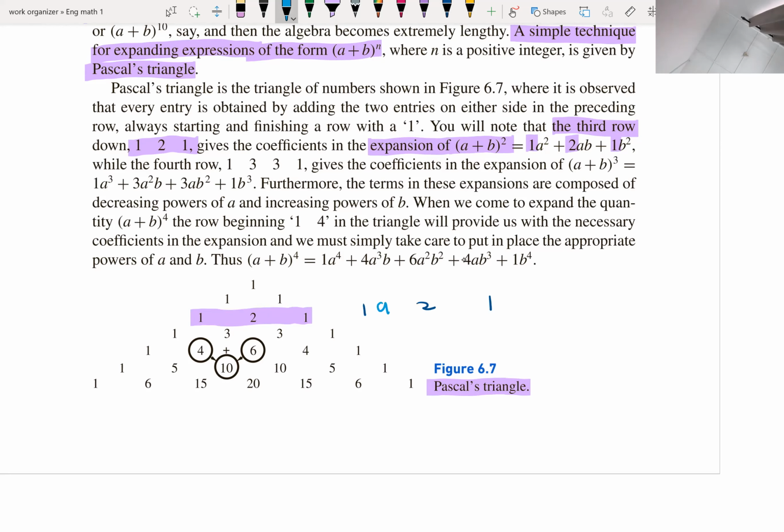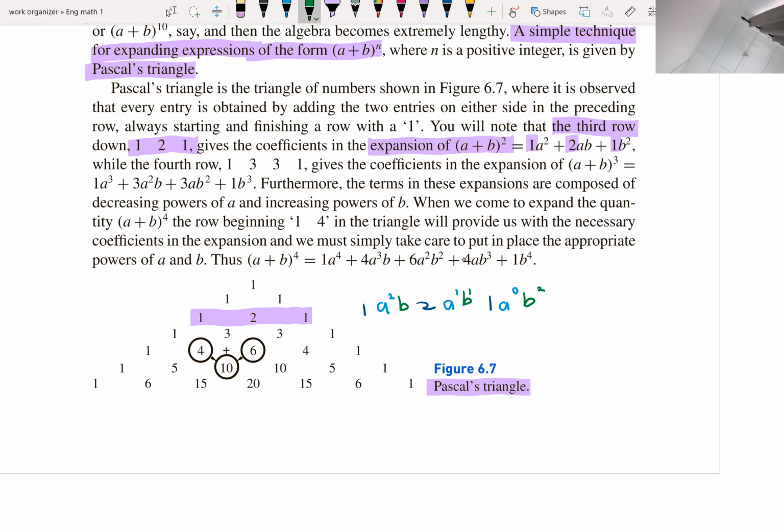So for a, the power will be a to the power of 2, 1, 0, and then for b, b to the power of 0, 1, 2.